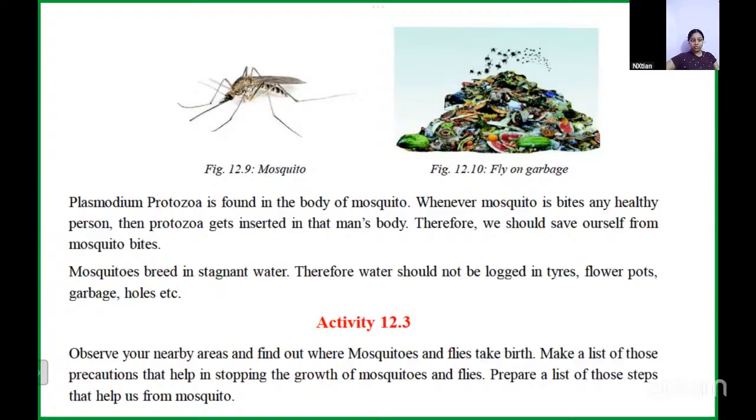You should use a repellent on your clothes, or a repellent on your hands in the form of a cream. So those things we can use, and then we can go out to avoid getting bitten by mosquitoes.